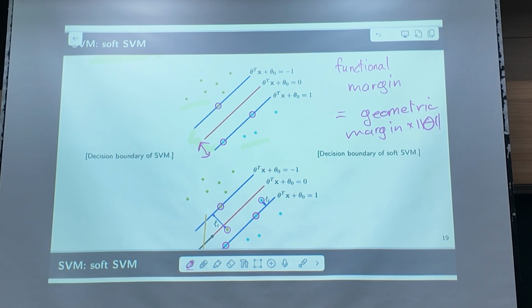Of the support vectors. What is the value of the functional margin in our derivation for hard SVM? Look through the notes. What is the functional margin? Anybody want to give a guess?